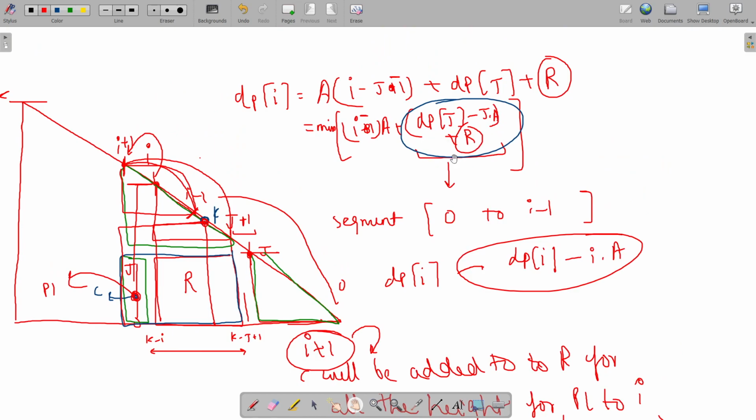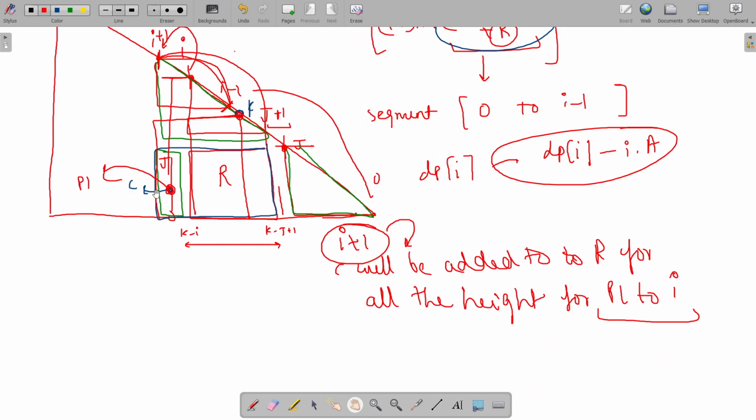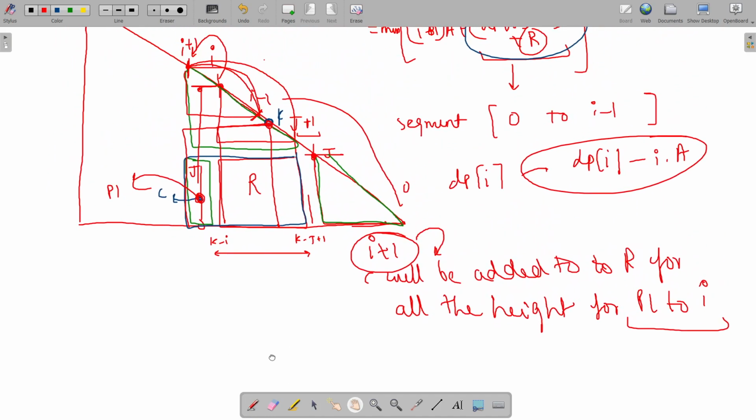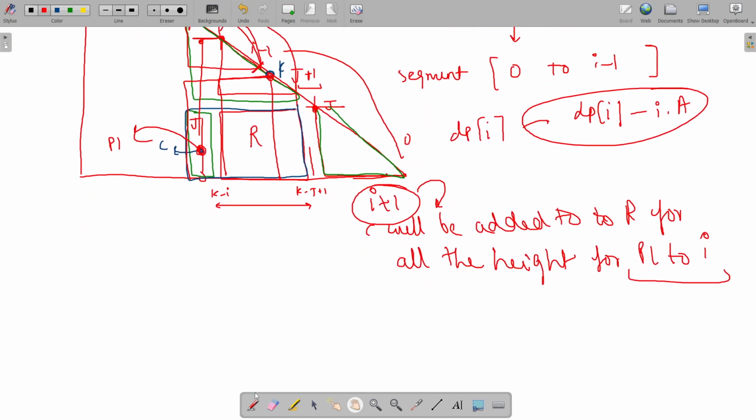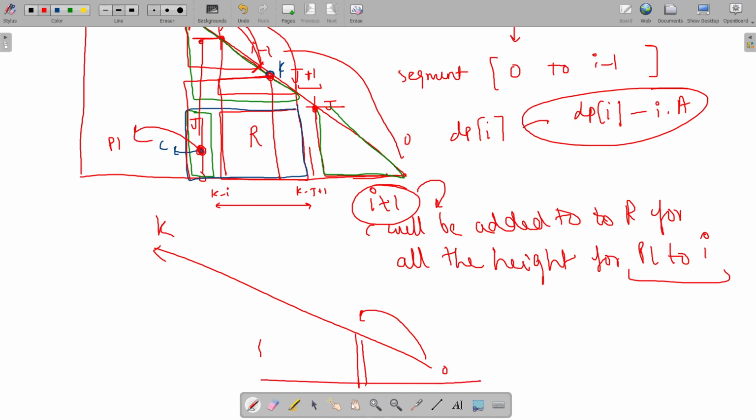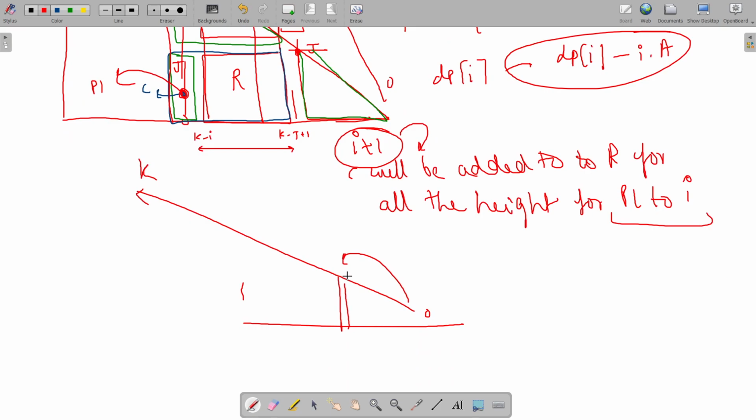This value will be updated for all the indexes from whatever this element's height is to I. Since we are iterating from height 0 to height k, every time we increase the height by 1, we are only concerned with, suppose we are at some height I plus 1 now, what new costs are being added here? All the cost associated.